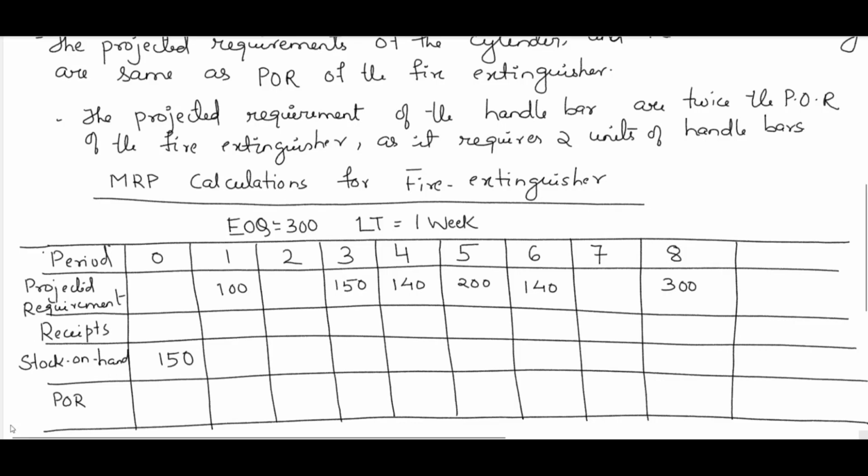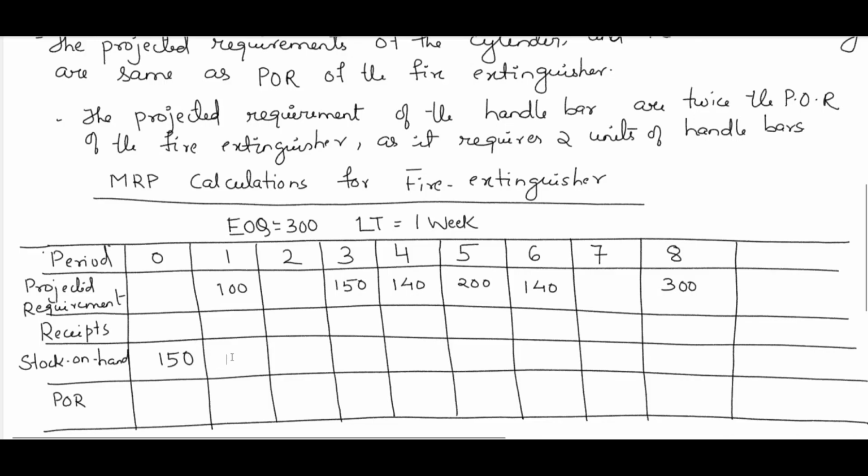That means for week one the demand is 100 units, and we have stock on hand of 150. So it is very clear that we can satisfy the demand of week one.